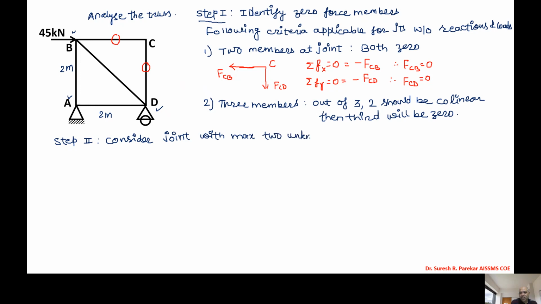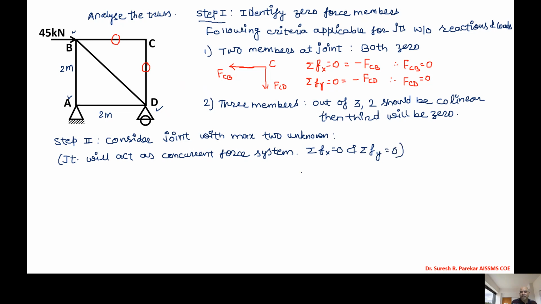Because each joint will act as a concurrent force system, and in a concurrent force system we have only two equations, summation Fx equal to 0 and summation Fy equal to 0, because all forces pass through the same joint. Now we will see, do we have any joint with maximum two unknowns?